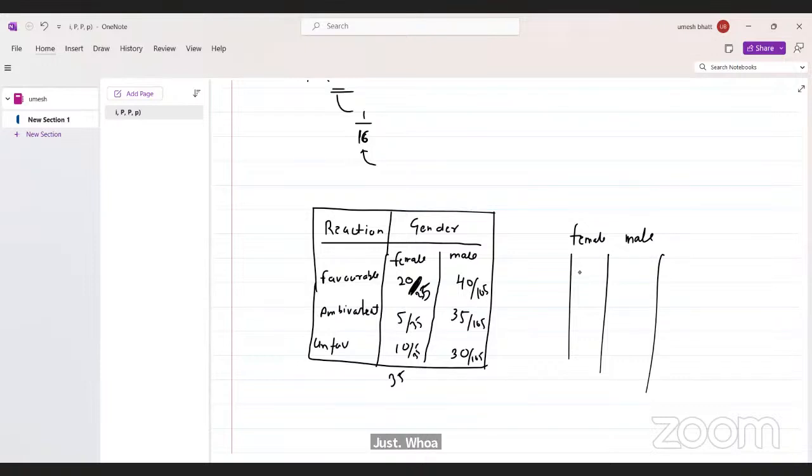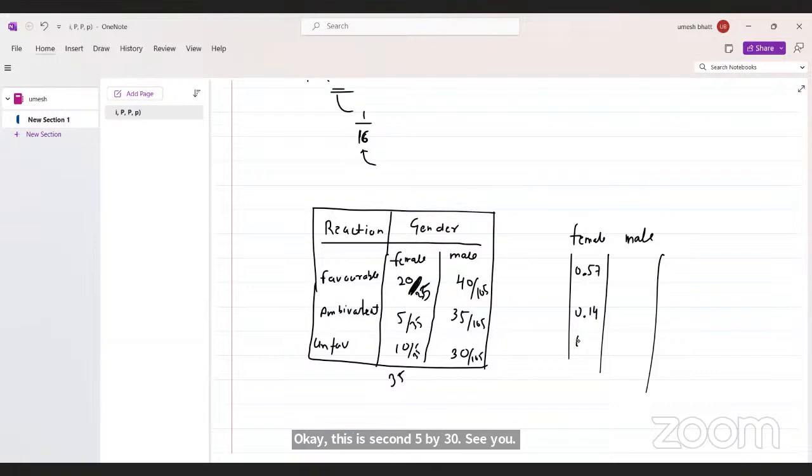In decimals, it will be 0.57. The second, 5 by 35, is 0.14.